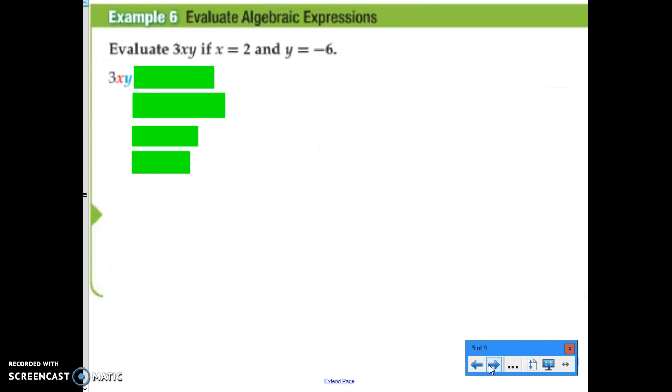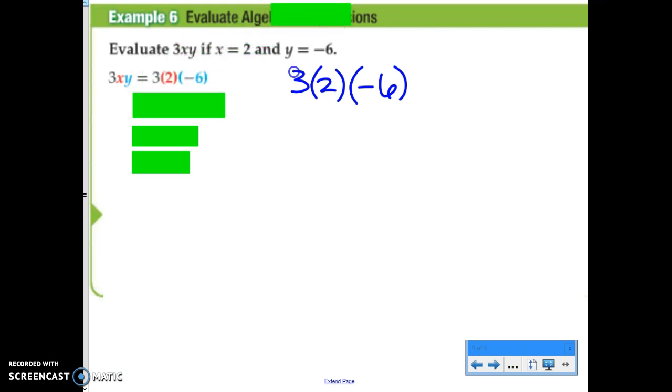On the last slide here, just evaluating these algebraic expressions, you're going to use substitution and just plug in the values that they give you for those variables. So I really have 3 times 2 times, and y is negative 6. All I did was I plugged in for x and y. Okay.